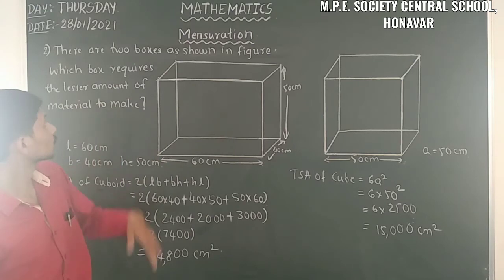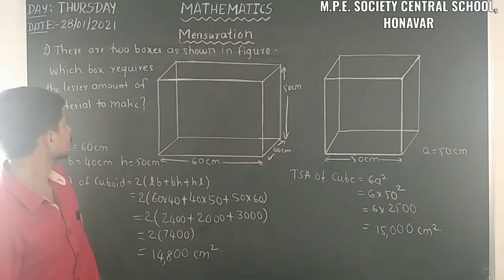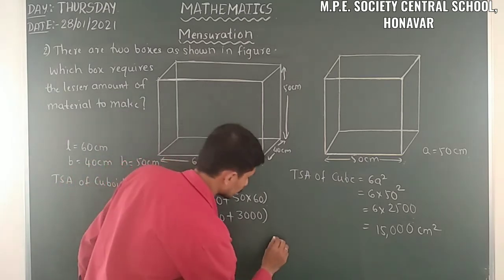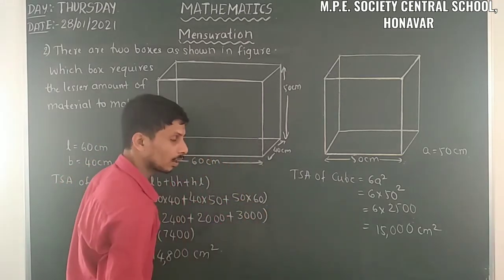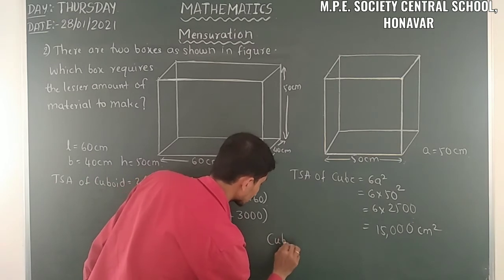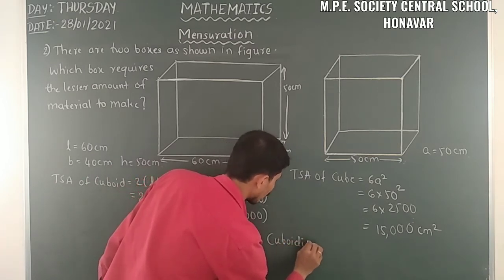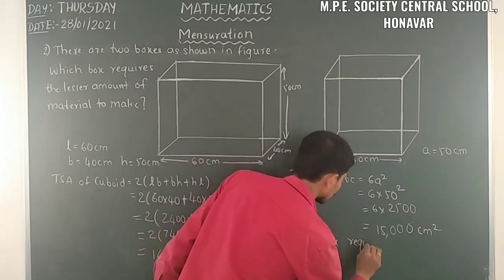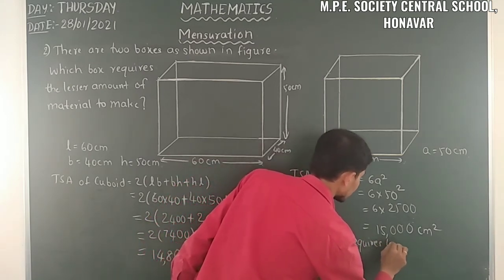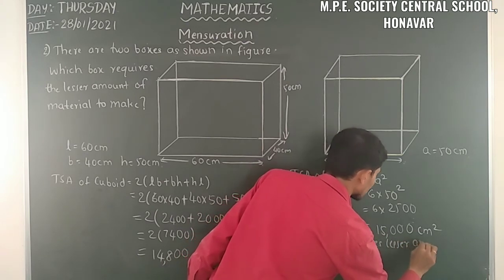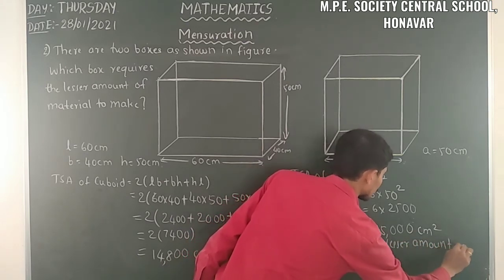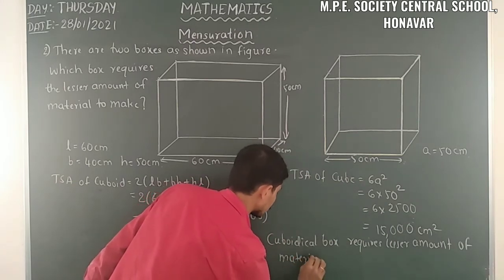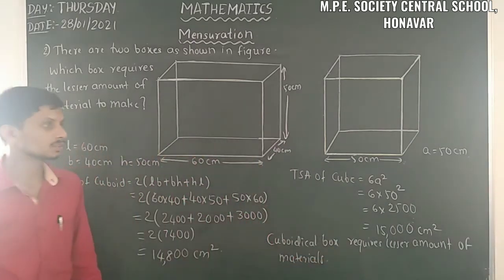That is the conclusion we have to write: the cuboidal box requires a lesser amount of material to make. Yes, so here we have the answer.